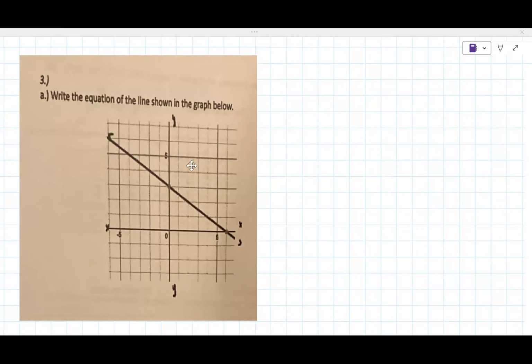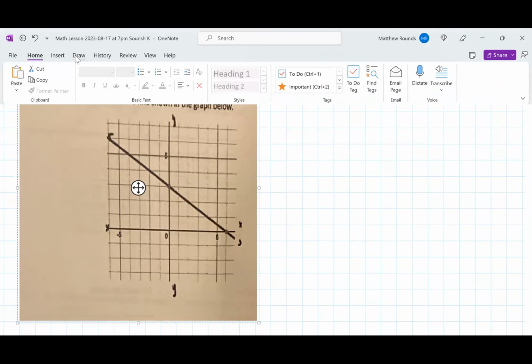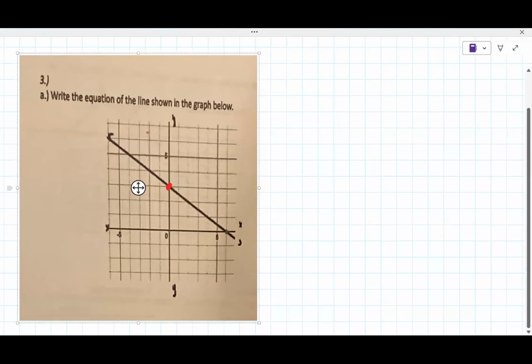All right, so we're gonna work on this question here. It's probably the most straightforward one. I'm gonna label this point right there and this point right there. We're gonna call it A and B. Can you give me the coordinates of A and the coordinates of B? 3, 0, B, 7, 0.